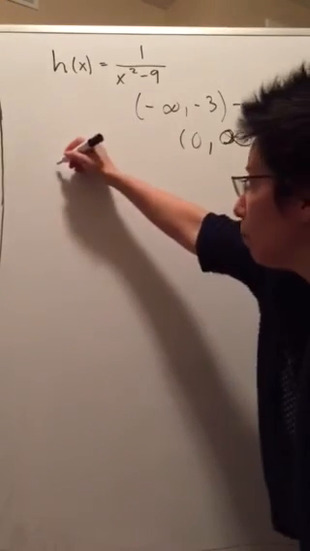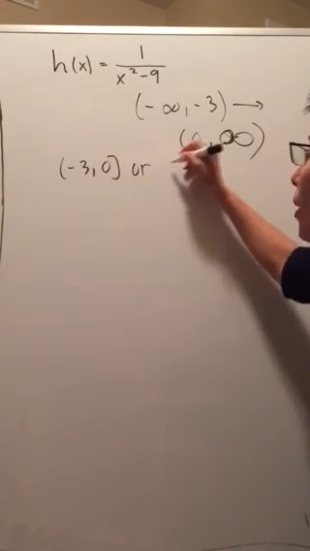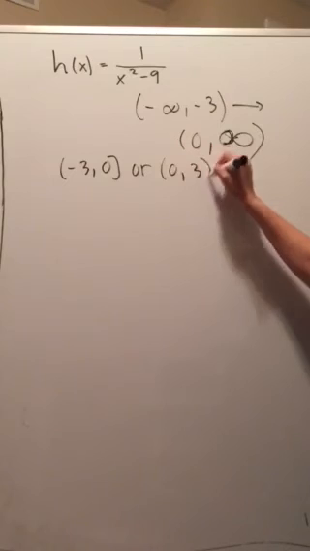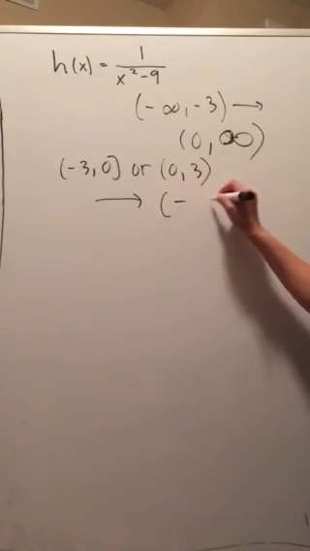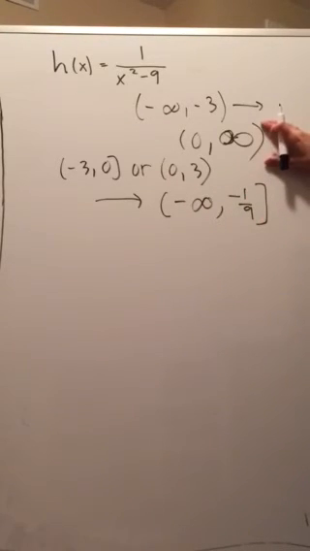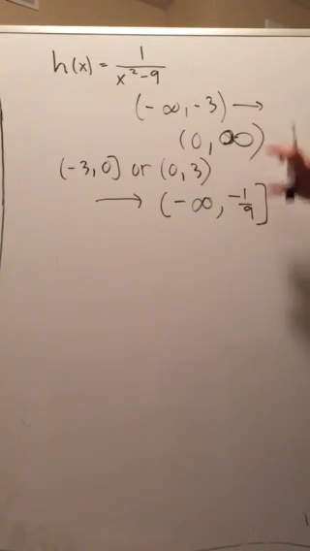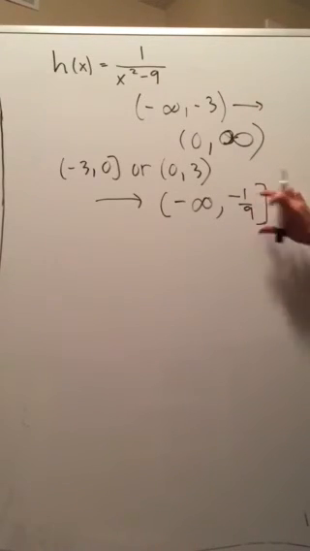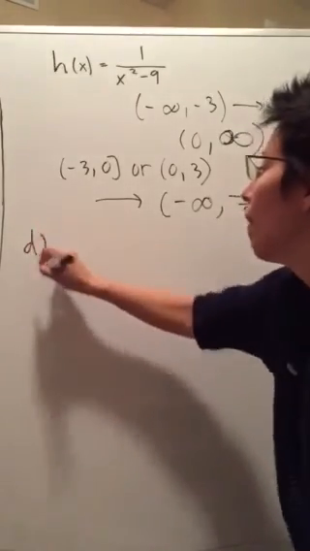It was minus 3 to 0, or 0 to 3. It's going to get taken to negative infinity, minus 1 over 9. So now our range is all positive numbers, almost all negative numbers, but stopping at minus 1 over 9.